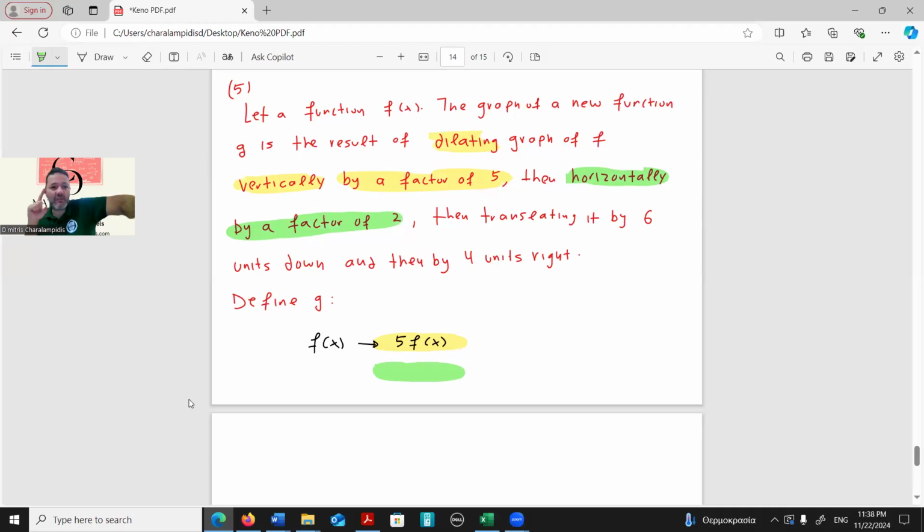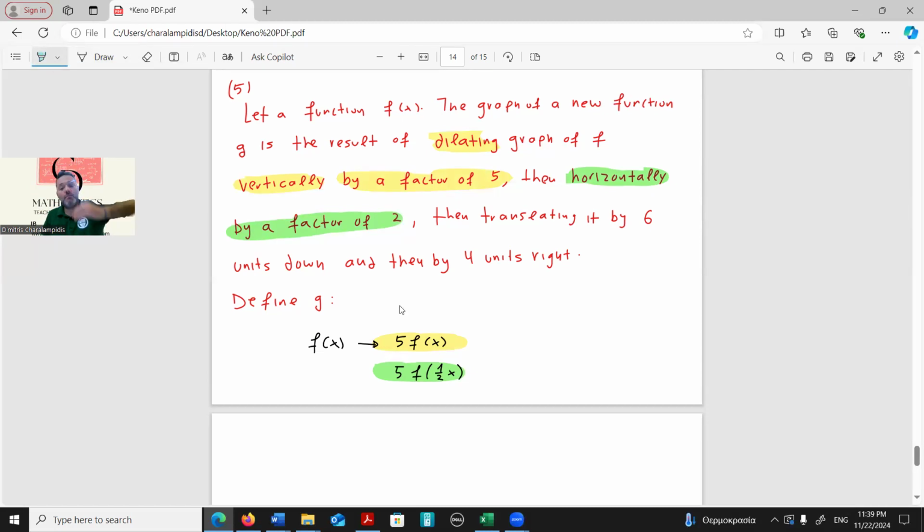But remember that all horizontals are tricky. We shouldn't be able to see the 2, the actual factor, but rather its reciprocal. So we should be able to see 1/2 of that. So go in x and substitute that by 1/2 x. So far we should be seeing that.